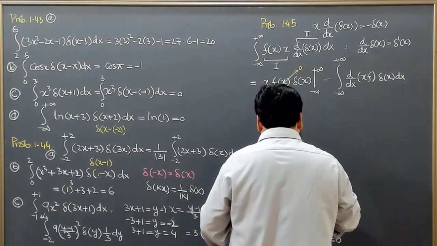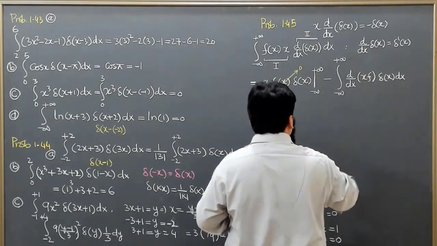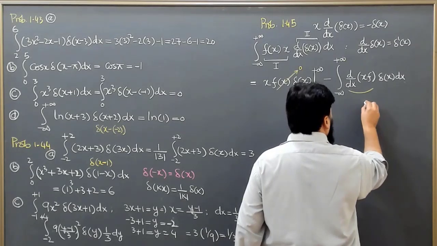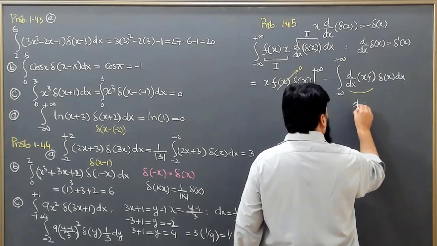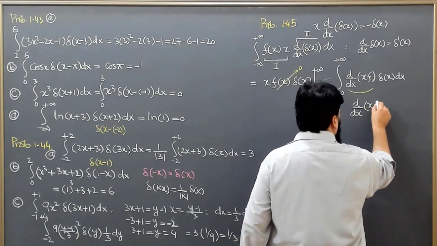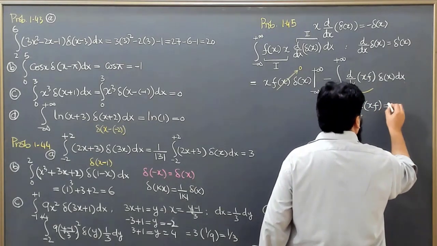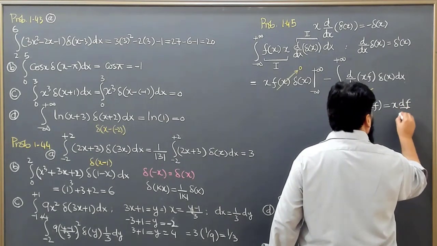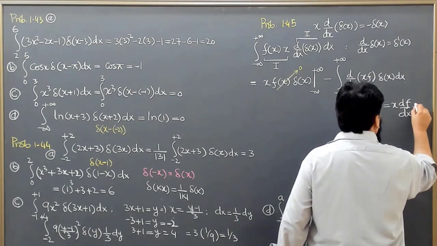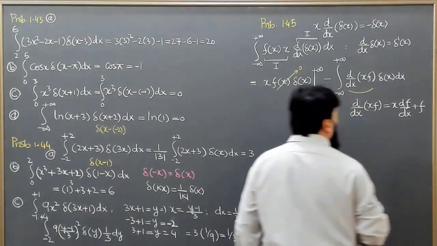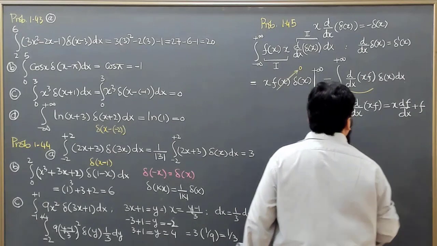Now I can expand this portion: what will be the derivative of x f? d over dx of xf will be the first function into the derivative of the second, x df over dx, plus the second function into the derivative of the first, which is 1, so it is just f.